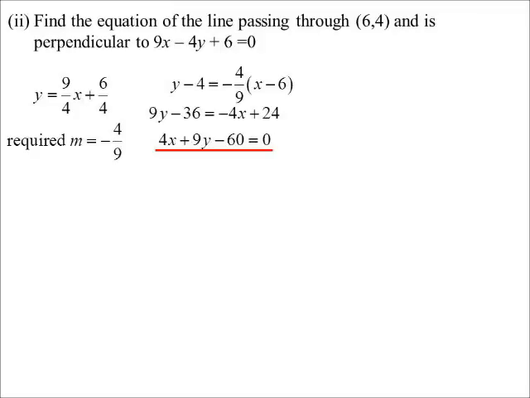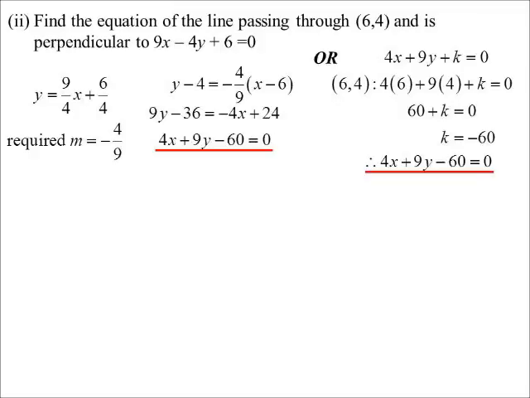We'll just swap and then flip the sign in between the x and the y. So knowing that, what I could have done is I could have said, this one's 9x minus 4y, so my one will be 4x plus 9y. Again, I've got a point on the line, I can substitute that in and work out k. And we get our line.